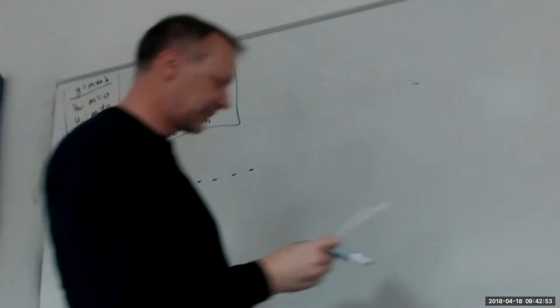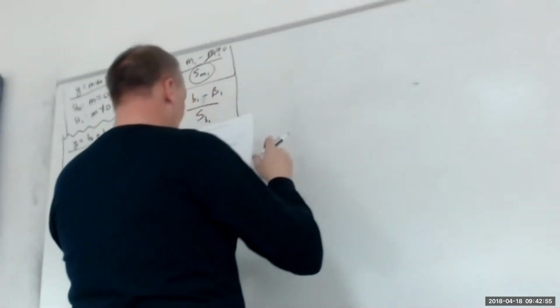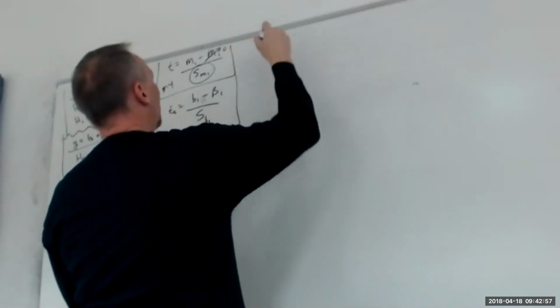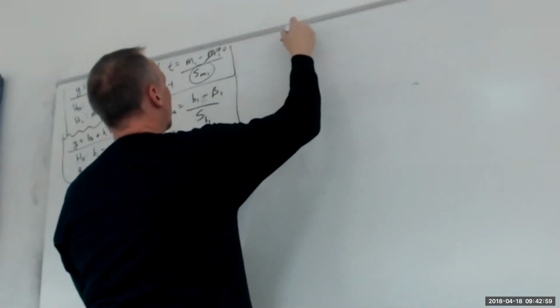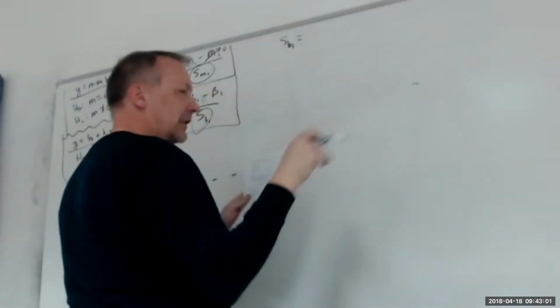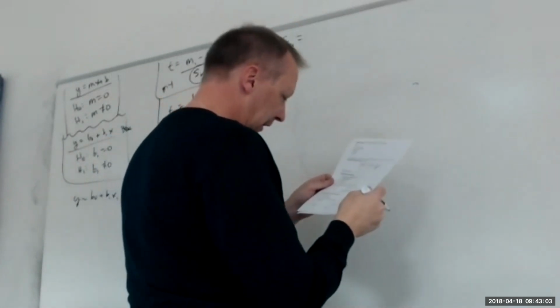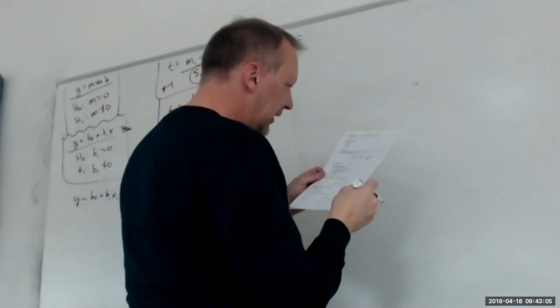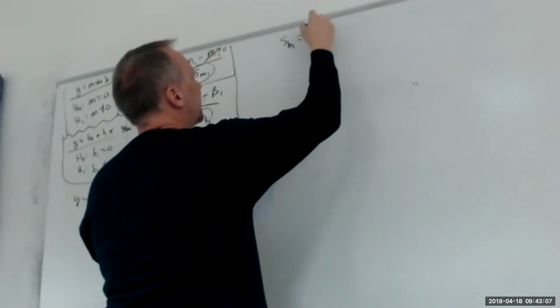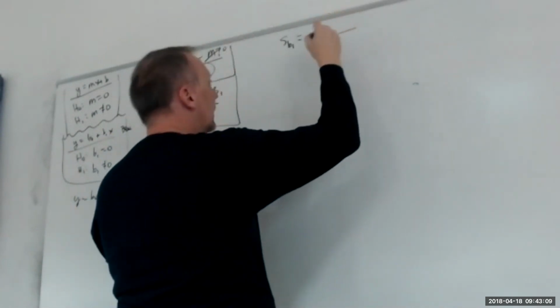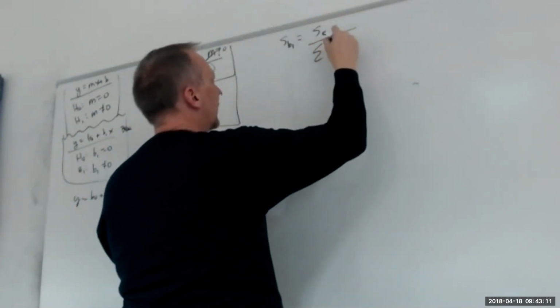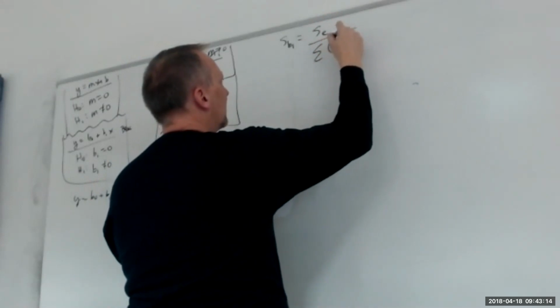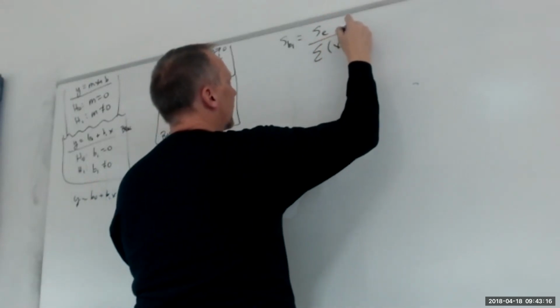All right, so now let's figure out what S sub b1 is. Here we'll go with this one because that's what you're going to see on your sheet. S sub b1 is S sub e divided by the square root of the summation of xi minus x bar squared.